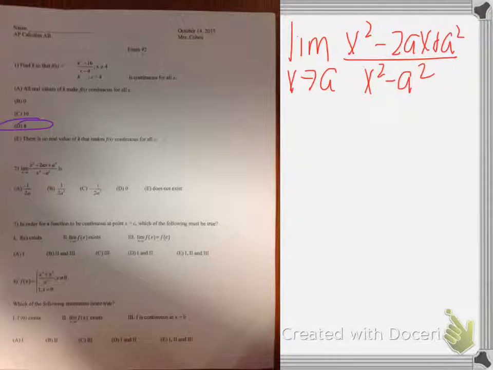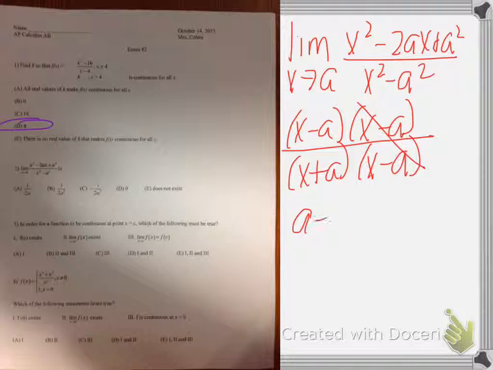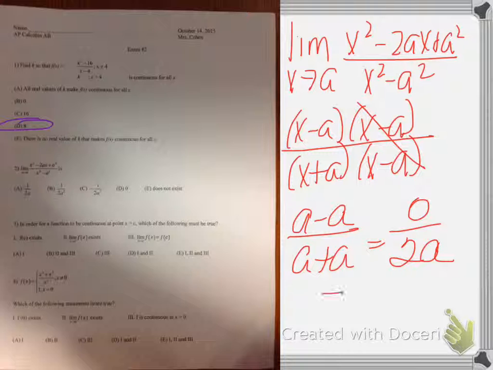However, I can factor, and my numerator factors to this, and my denominator factors to this. So you can see the x minus a's cancel, and now I can substitute a in there, so I'll get a minus a over a plus a, and that gives me 0 over 2a, which equals 0, and that was choice D.